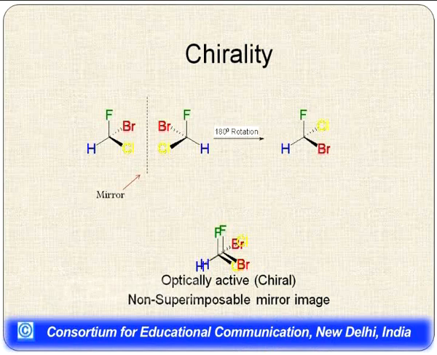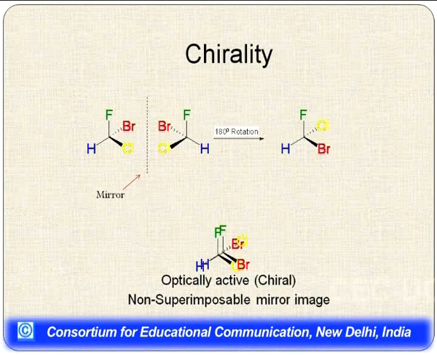If you do not have models, you can use simple clay and matchsticks to prepare these models with different colors, and when you try to superimpose, they would not superimpose if all 4 groups are different. So, one way of saying this is that all 4 groups are different, and hence there is absence of symmetry.